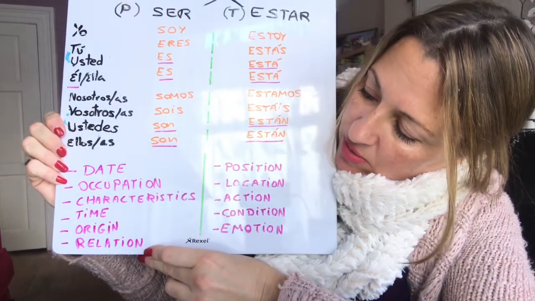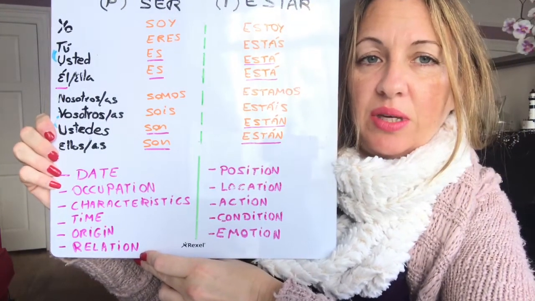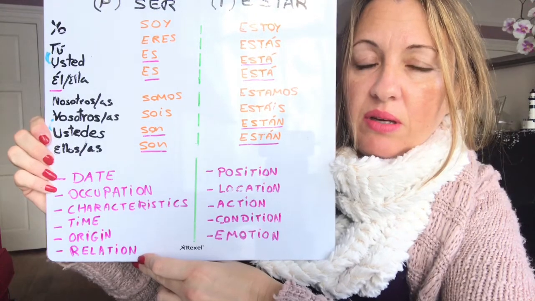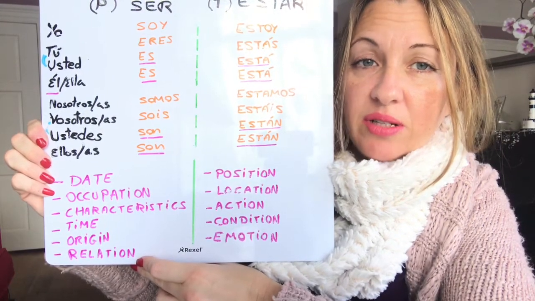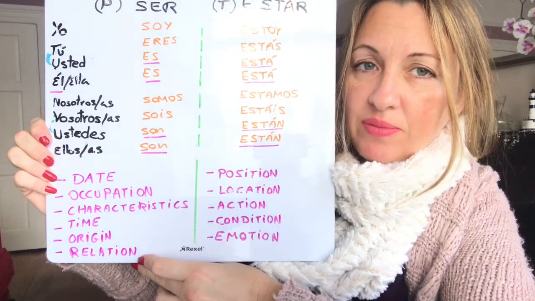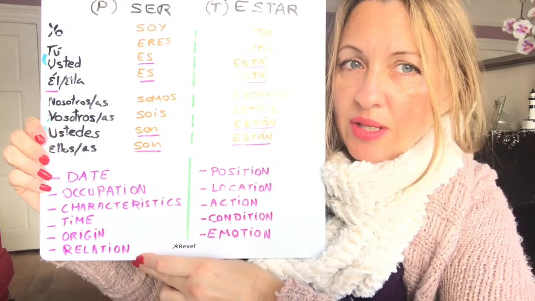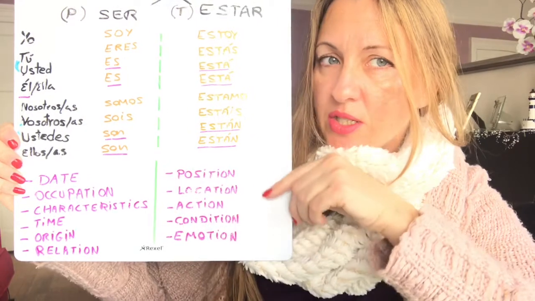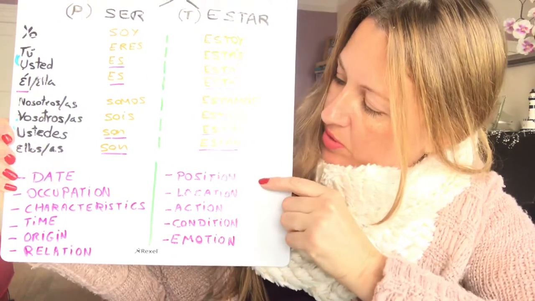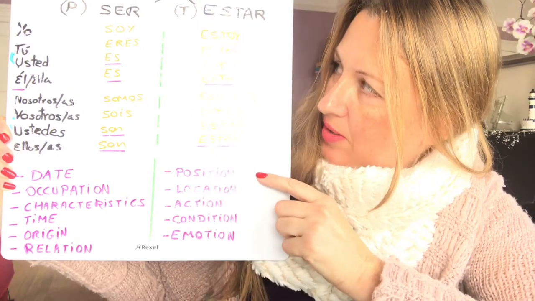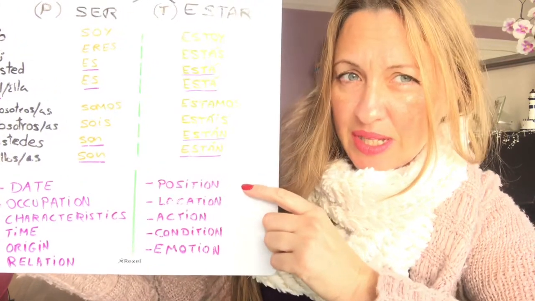Then we have a relation that could be maybe friends, family, a sort of a relation.